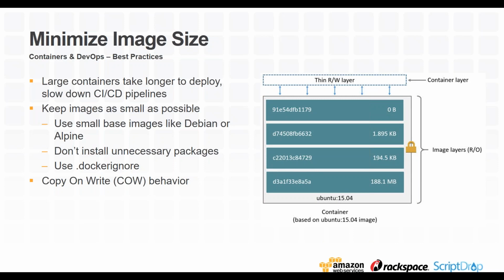The first best practice we're going to talk about associated with container images is around image size, and in particular, minimizing container image sizes. Container size is often a very important factor in the effectiveness of anyone's CI/CD pipeline.